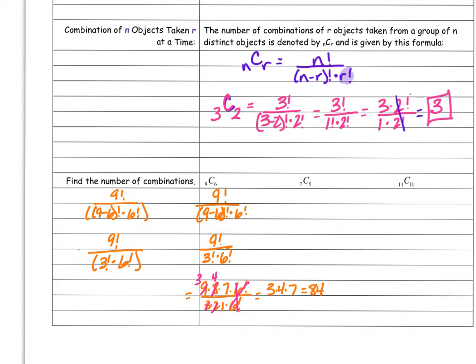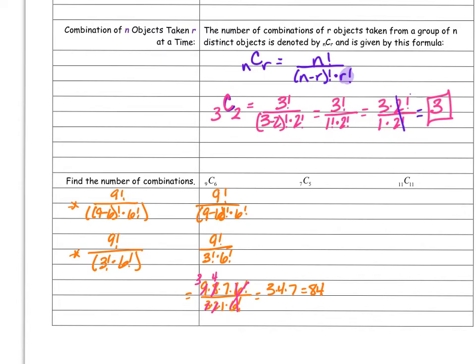Both of them would give you the same answer. Okay, it should give you 84. You can try it and see, but you should get the same answer both ways. Oh, yeah. Yep, got both parentheses closed.